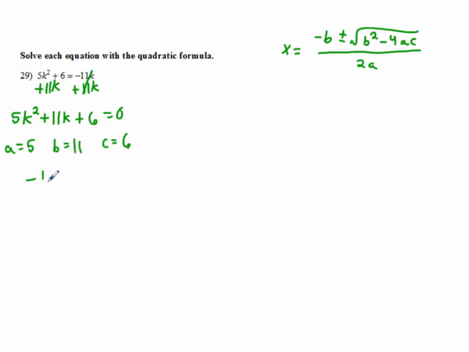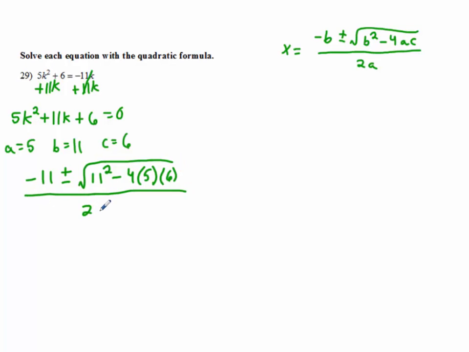So negative b plus or minus the square root of b squared minus 4 times a times c all over 2a. This one actually simplifies pretty nicely. If you do 11 squared minus 4 times 5 times 6, you get 1.